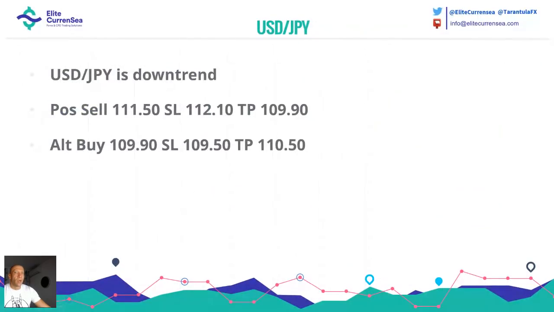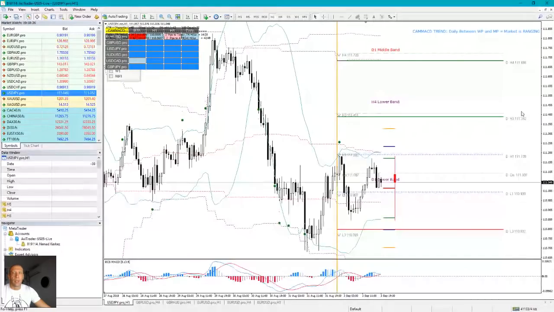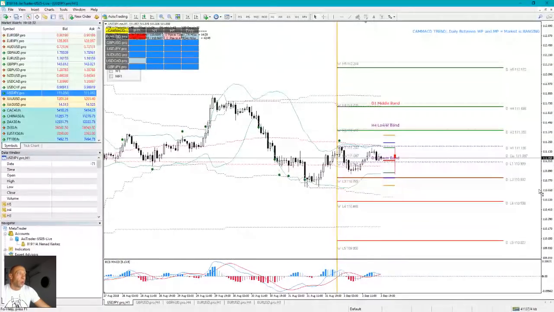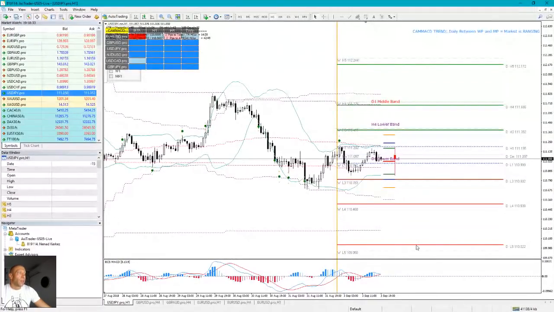The only buy trade, guys, is 109.90 if it gets there, but I'm not sure which direction it will go. It's in no man's land. 109.90 is weekly L5, daily L5, the level to go long, because dollar yen is a bit slow. It doesn't have a big movement, and I think it's better to wait for a sell if it happens. But at this point, it's really ranging a lot.